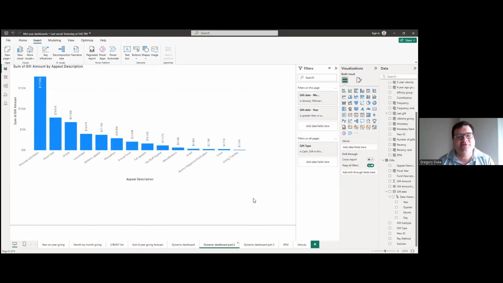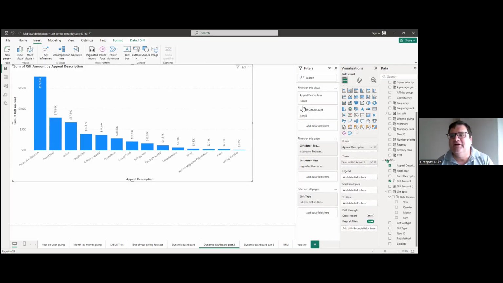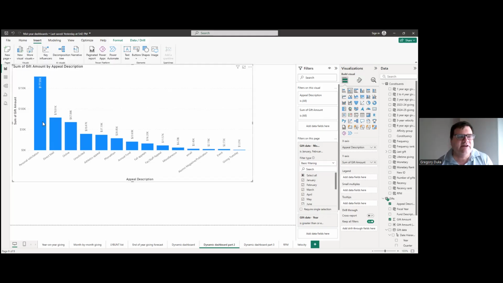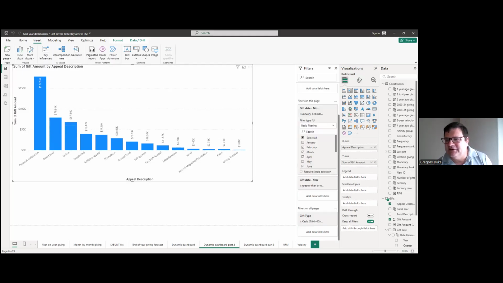This next dashboard is the sum of giving by appeal amount over the last 6 months of the fiscal year. So as we saw before, personal solicitation has been the most successful, which is probably expected. If we had memorial funds, we could remove that memorial giving.